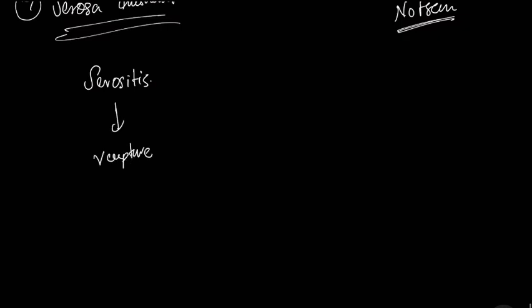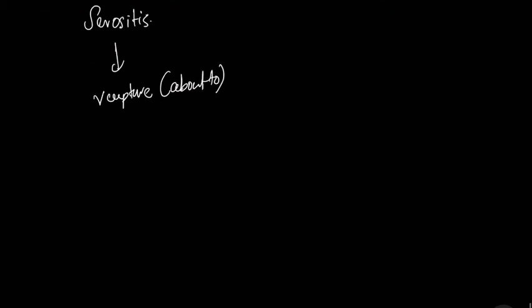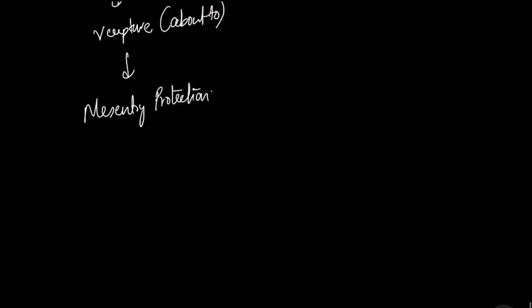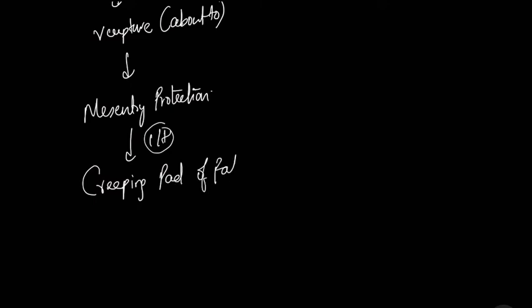The rupture hasn't taken place, it is about to rupture. So what happens? The mesentery comes over, like the mesentery comes over to protect the serosa. Like, I will not let you rupture. So this is known as mesentery protection. Now, this leads to a very characteristic finding known as creeping pad of fat.